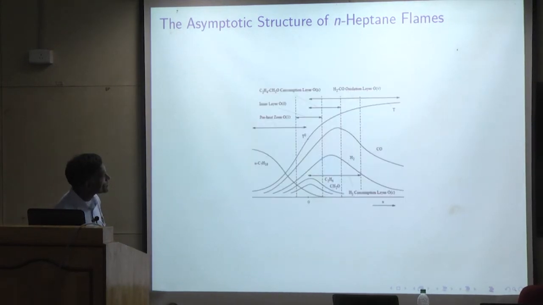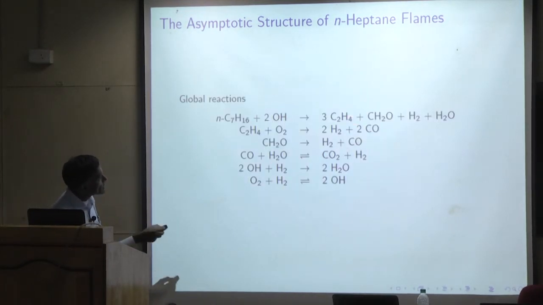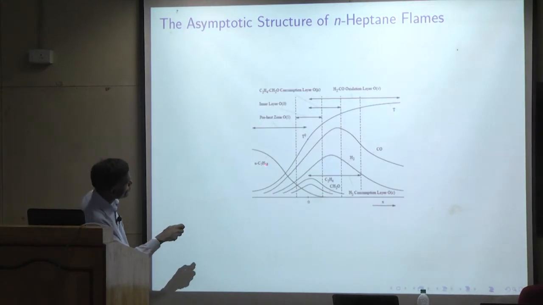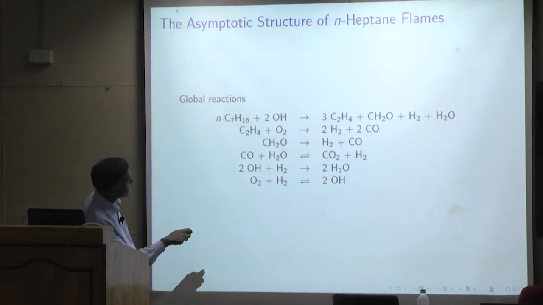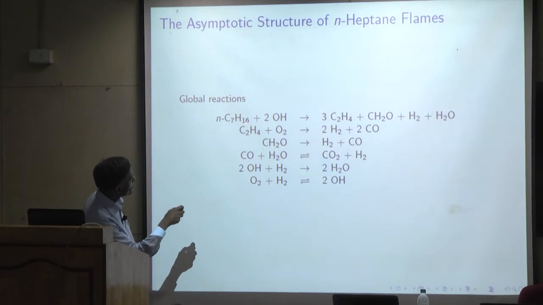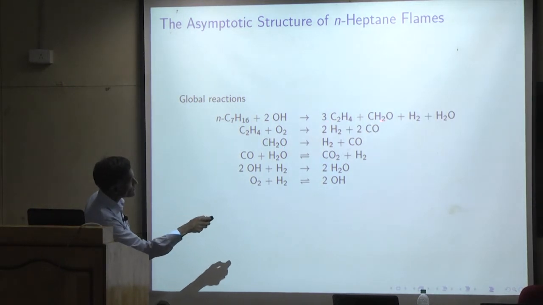And if you look at the structure, it's a bit more complicated. All these reactions have different Damköhler numbers. So you have one Damköhler number here. This reacts with OH. This reaction has a larger Damköhler number than that. Therefore, you have a thin layer where this reacts to form this.